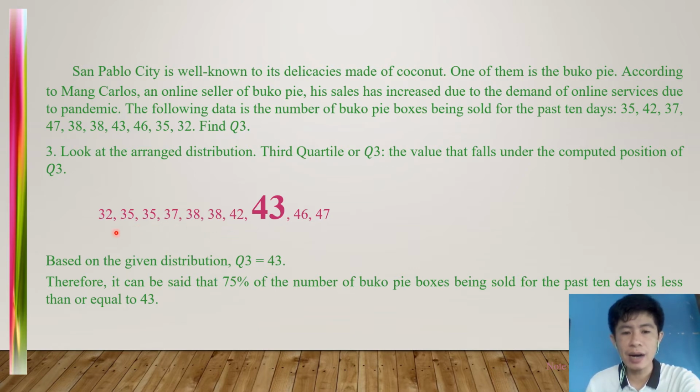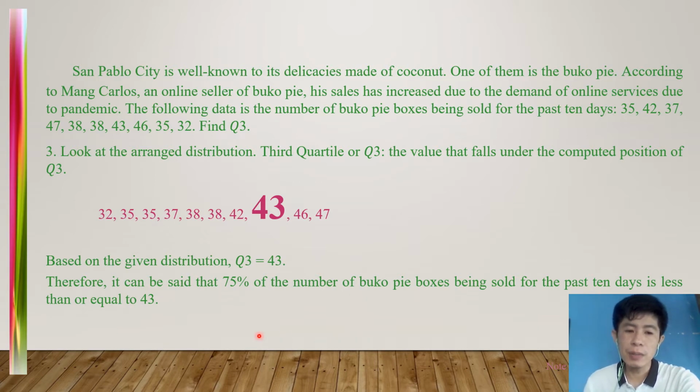So in this array of numbers, 43 is the 8th number. So therefore, the value of quartile 3 is 43.